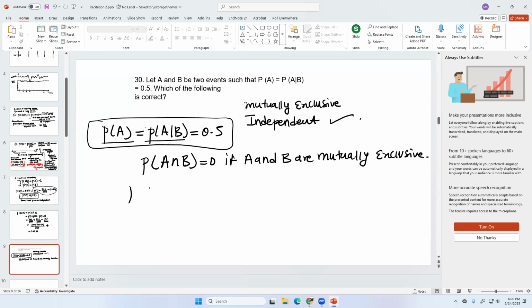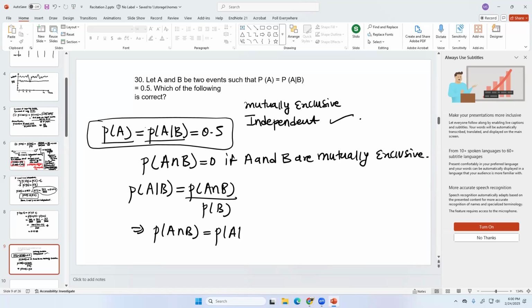You guys know this formula, right? Probability of A given B is probability of A intersection B divided by probability of B. Probability of A given B is 0.5 from the top, and this is probability of B. We don't know.